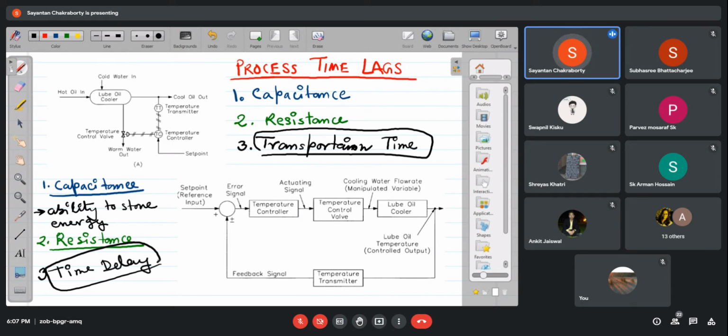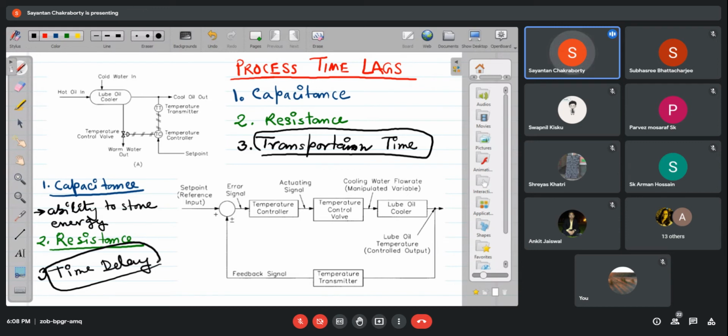Why am I calling this a time delay? Because if you have made some change in one portion of the process, you cannot expect that change to have an instantaneous effect at a place which is located far away. It will require some time before the change can be reflected at that far away point, right?